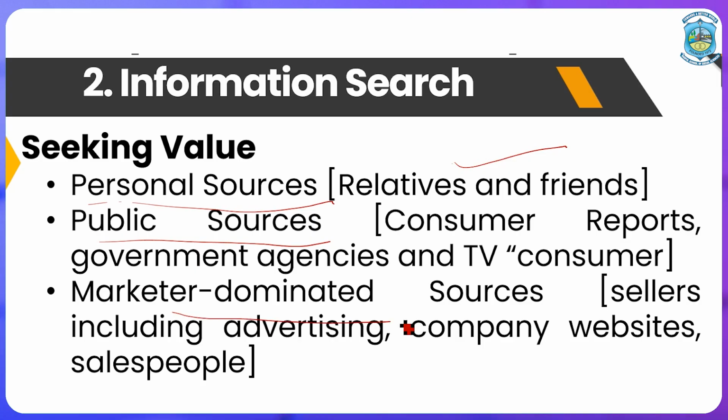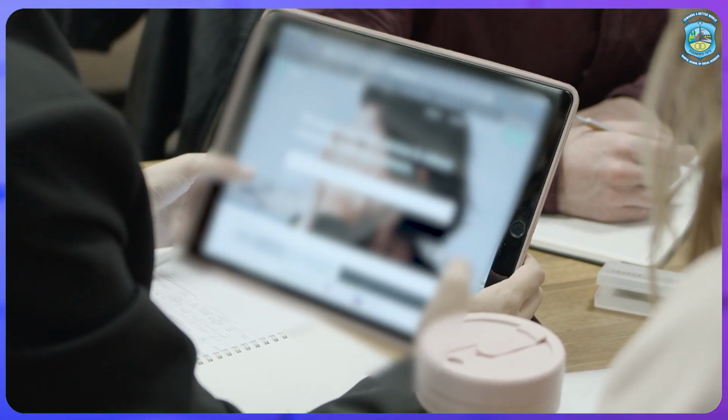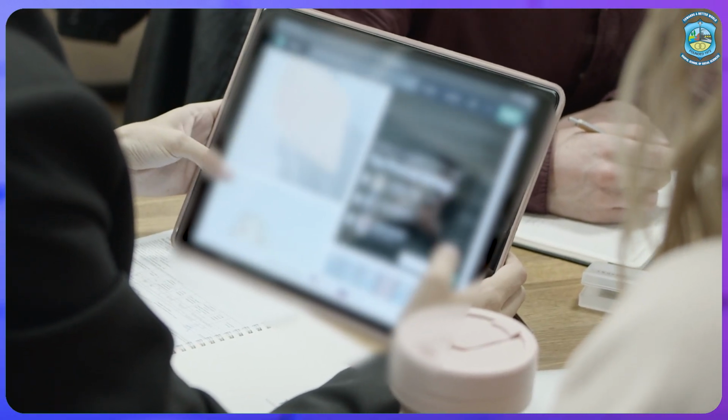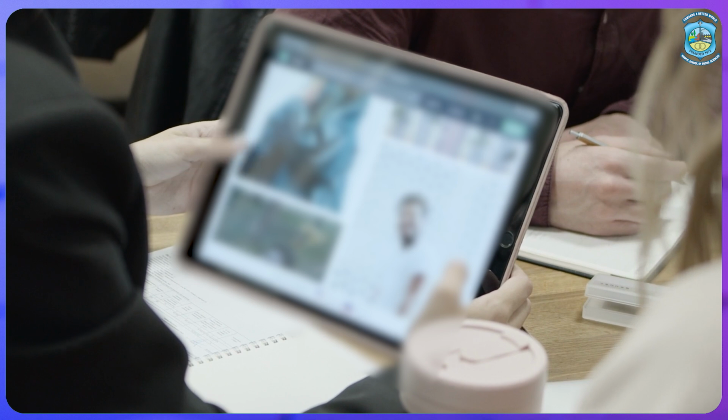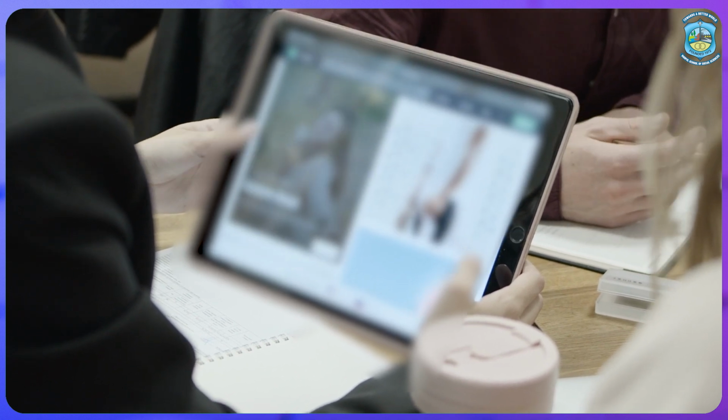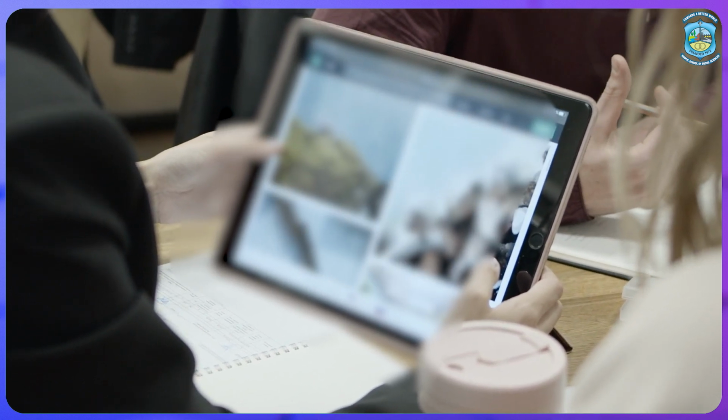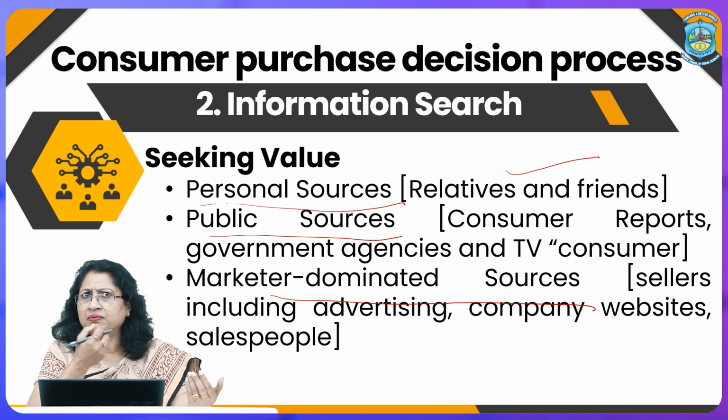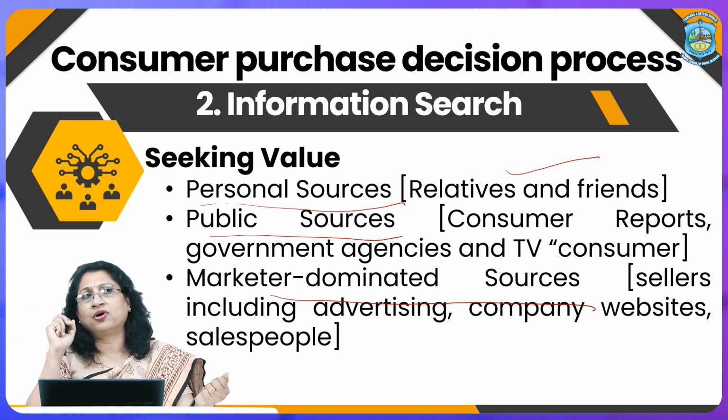So it is all online. There are also marketer dominated sources where the sellers write about the product, their perception about the particular product. There could be advertising which could trigger need arousal. However, the trigger part is very important.